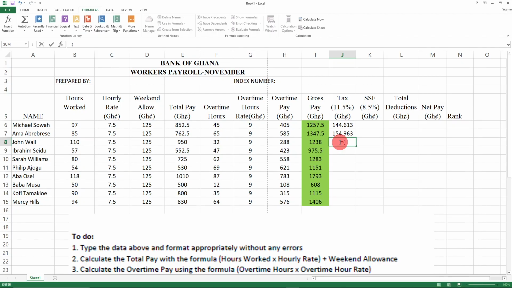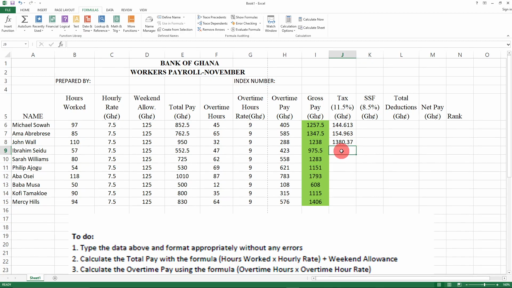John's gross pay is 1,238. So I8 times the tax, which is 11.5, divided by 100, the percentage. So that's it for John.